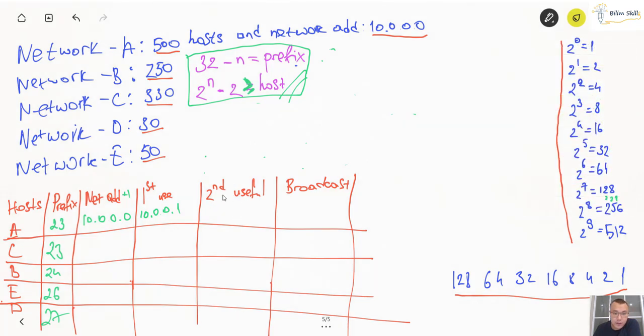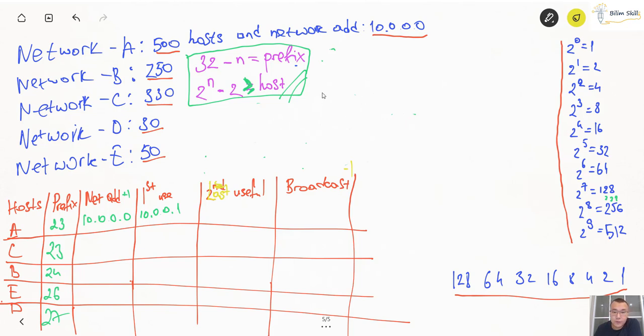To identify last useful, sorry guys, here I made a mistake. Last useful, not second useful. To identify last useful and broadcast address, we have to find first the broadcast address and make -1 from the broadcast address, and you will get the last useful.